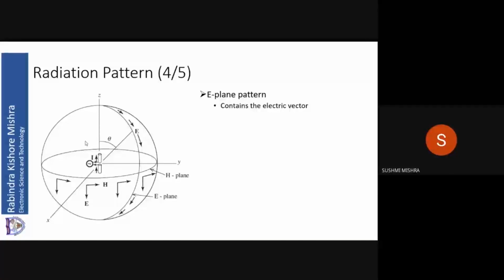H is in the horizontal plane, E is in the vertical plane. Therefore, we call the horizontal plane the H plane and the vertical plane the E plane.